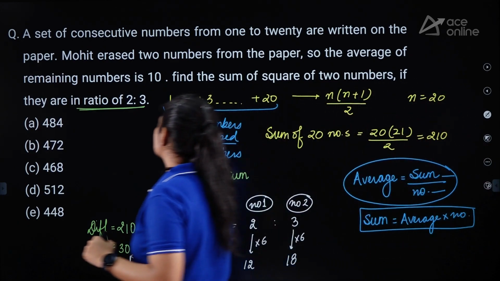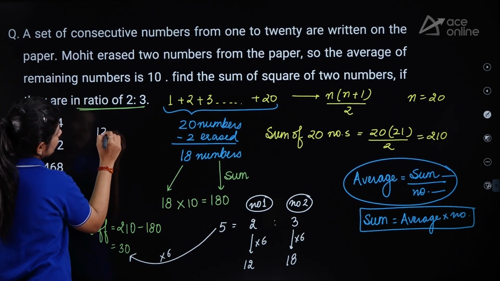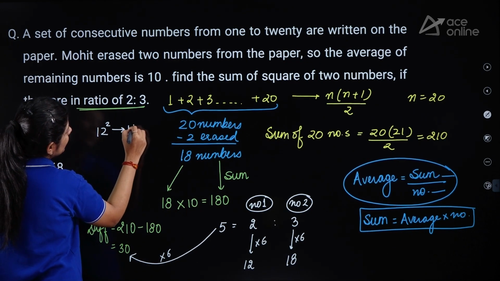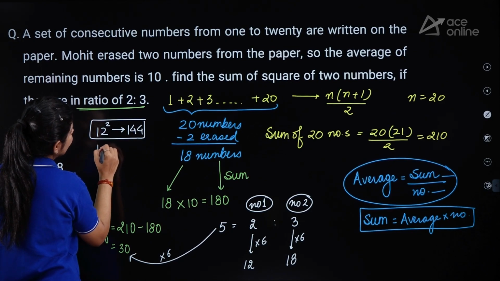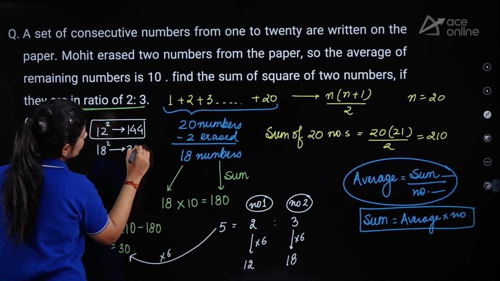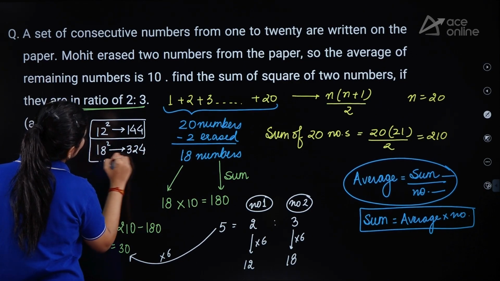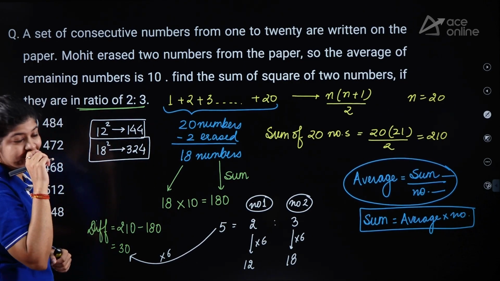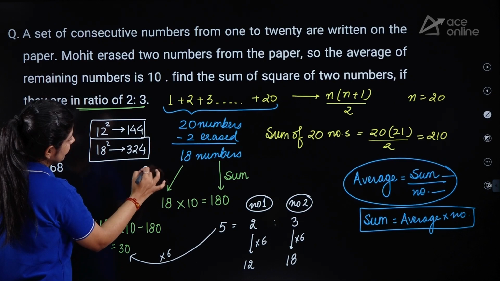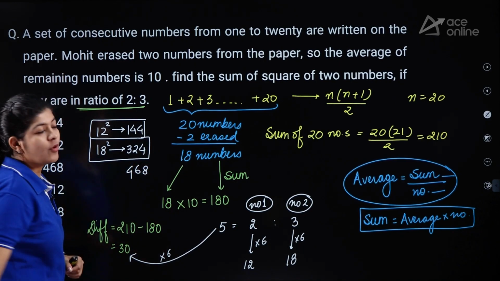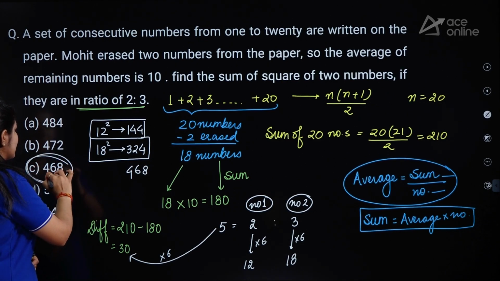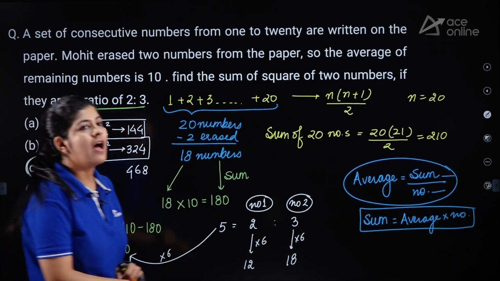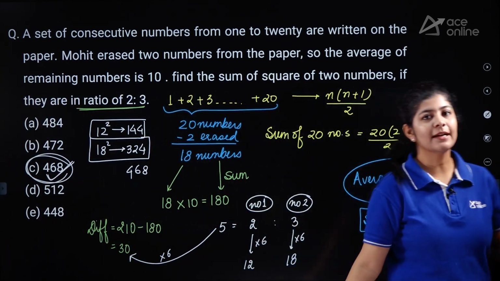We know that the square of 12 is nothing but 144 and the square of 18 is nothing but 324, right? And what I need to do, I need to add these values. So what I'll get? 468 is our correct answer and that means our option number C is the correct one.